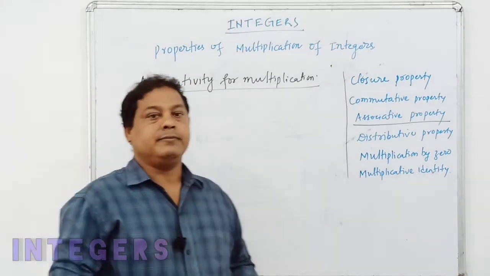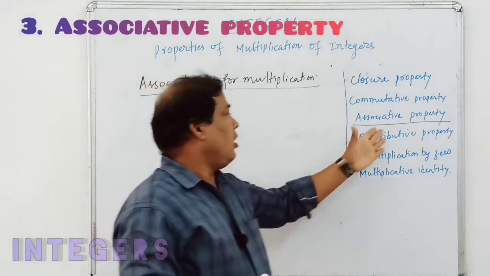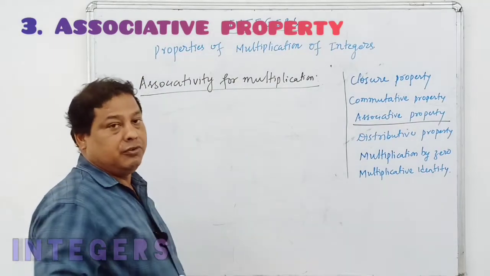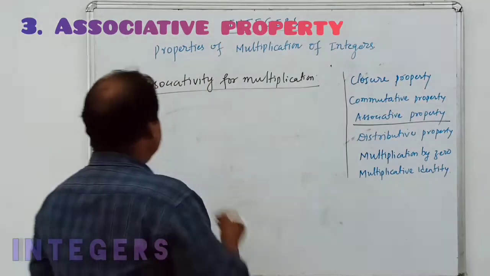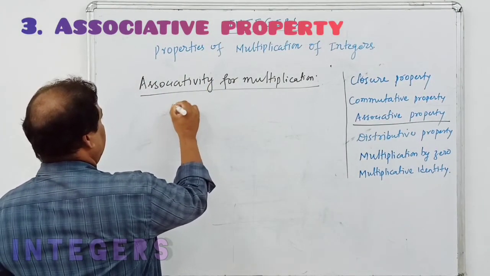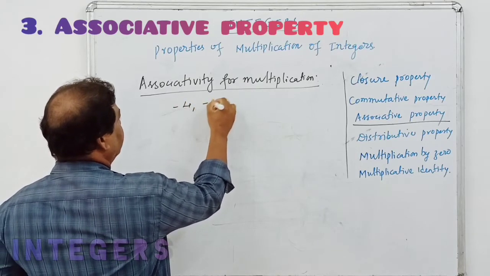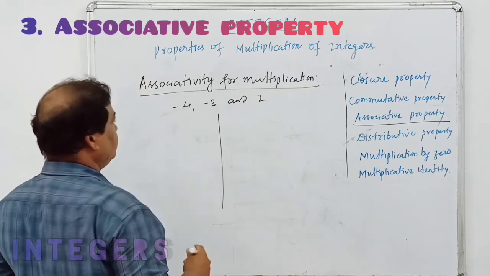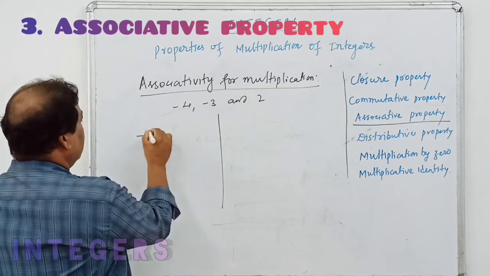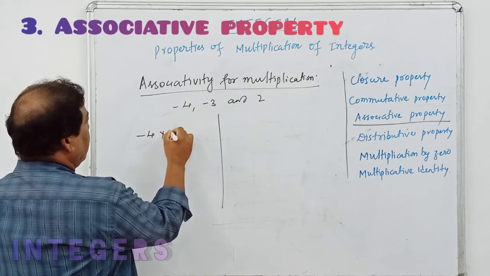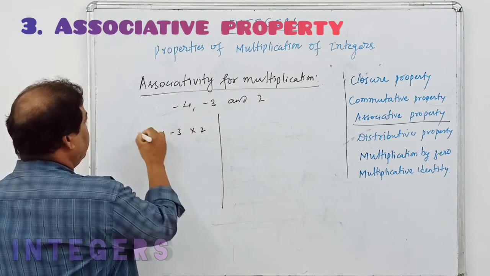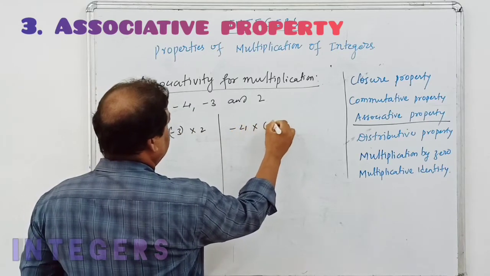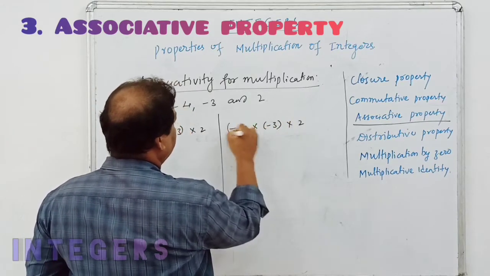Now let us see the next property, that is the associative property for multiplication. Let us consider the numbers minus 4, minus 3 and 2.